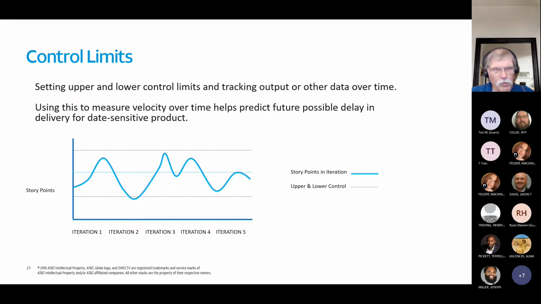Okay. So if you dip down below your lower control limit, say in iteration 7 or 8 or program increment 7 or 8, when you're really getting into a complex system, then yeah, it's something that needs to be discussed. Is it a failure?